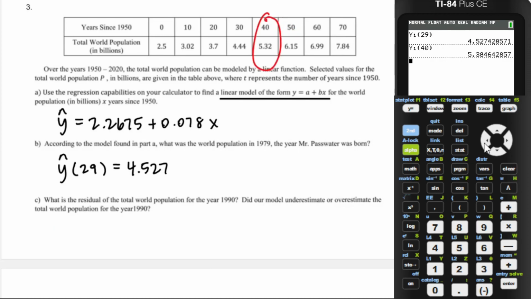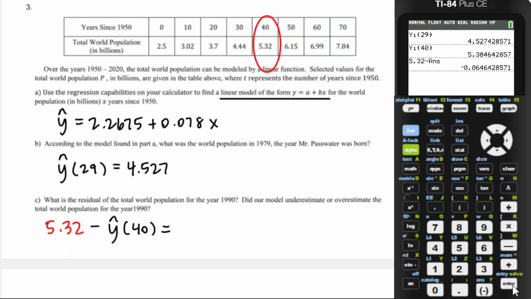That's going to be 5.32. And then we're going to subtract actual minus predicted y hat of 40. And that's going to be equal to, okay, well, what I'm going to do is actually I'll try to do that myself. 5.32 minus the answer.